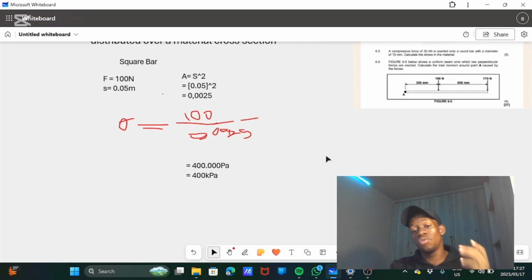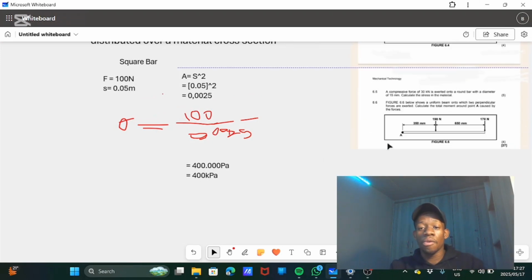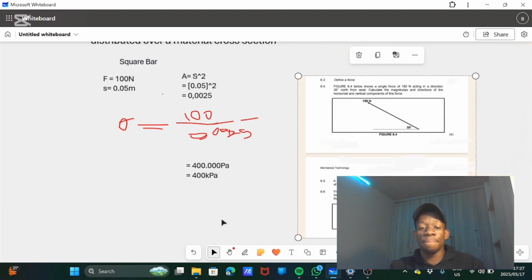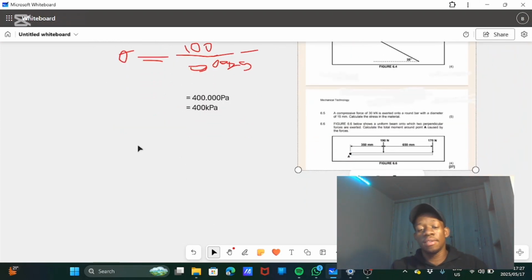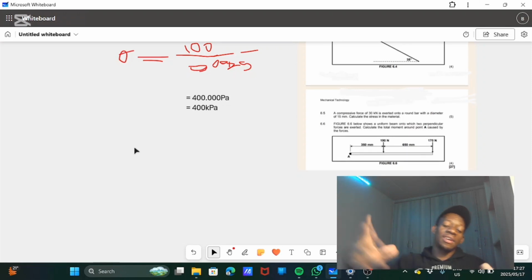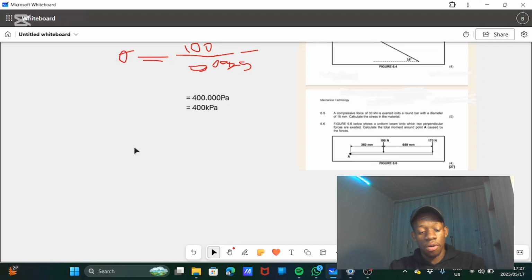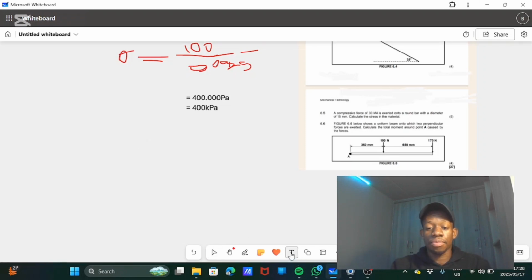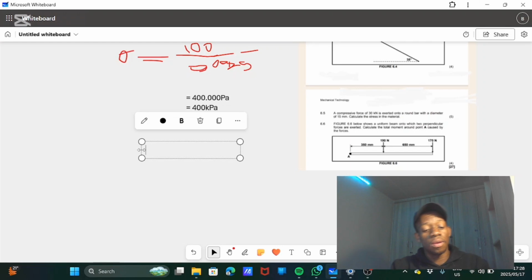Okay, let's go to round. Round is kind of simple too, but since it's round, we're going to have radius and pi. So this is how you'll be writing your formula. Your formula is still the same, just the area changes.